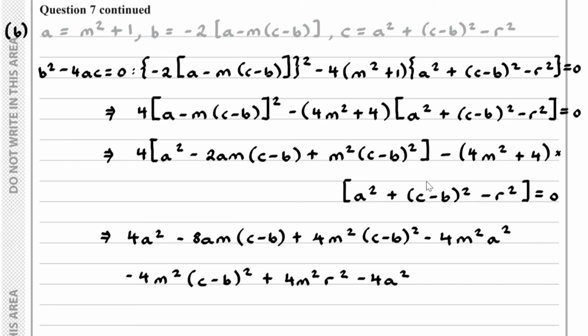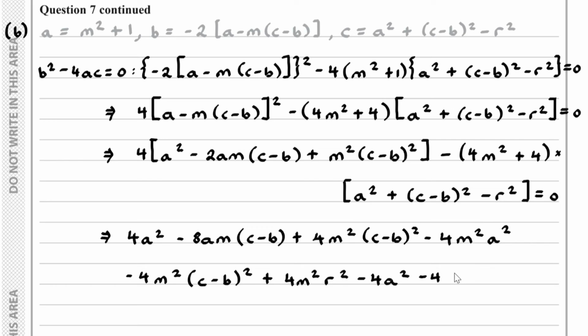And then I've got minus 4 times by a squared, so that's minus 4a squared. Then I've got minus 4 times by c minus b all squared, so we will leave this as minus 4.